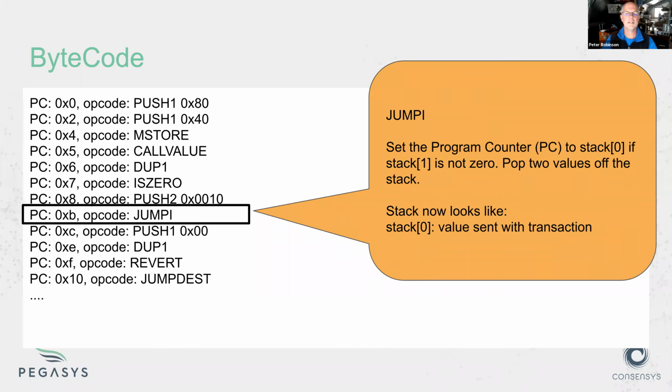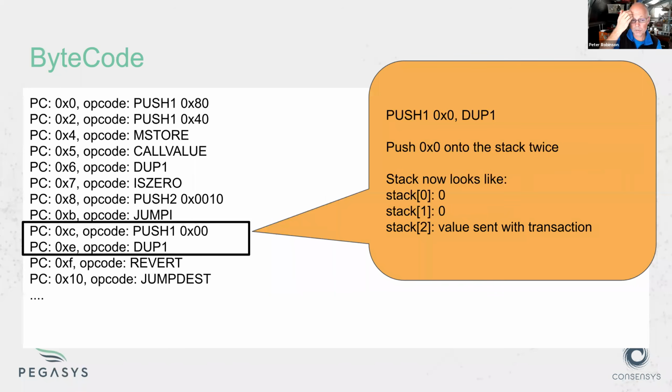And then jumpi is jump if. What that is all about is saying jump to stack 0 if stack 1 is not 0. So it's going to jump to a location or go straight through depending on the value of stack 1.